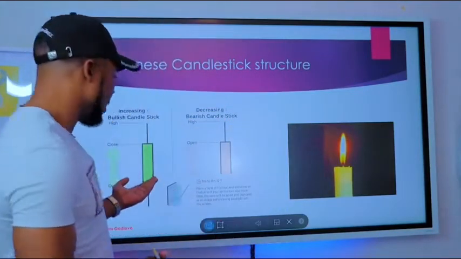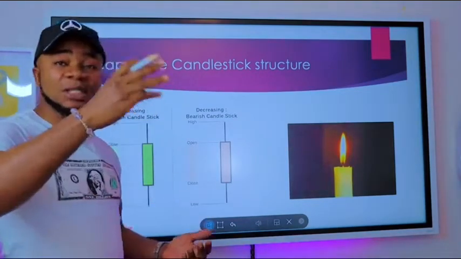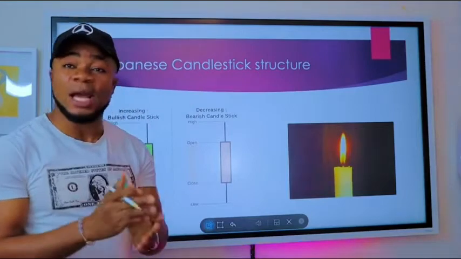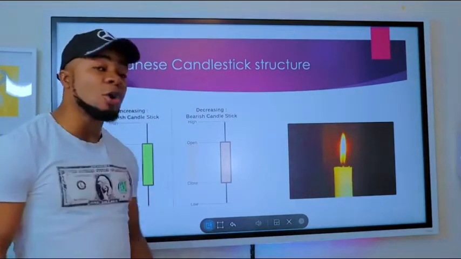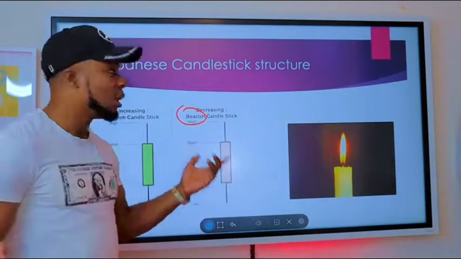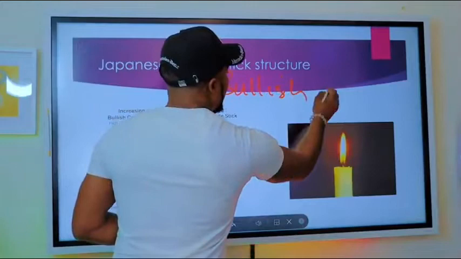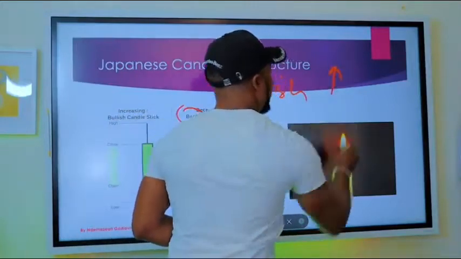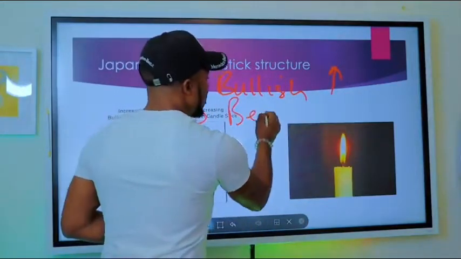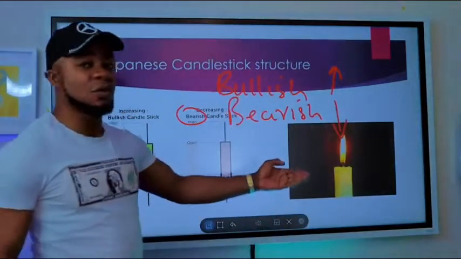A bullish candle is a green candle, when the market was going up, when the buyers were active. And anytime I talk of a bearish candle, it means the market was going down.